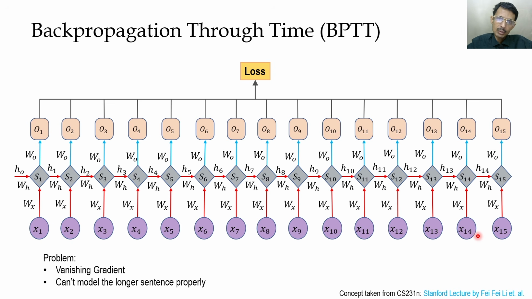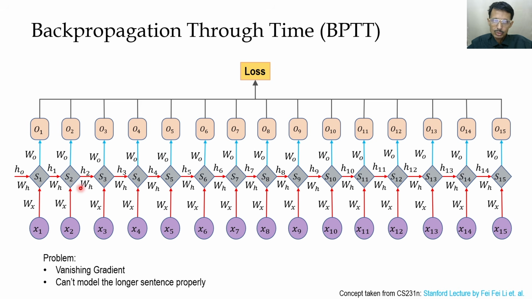But here we try to understand this: let there be a sentence with 15 words, and there is one word here and one word here. Since there is a vanishing gradient problem, the error gradient is propagating through so many time instances and becomes very weak, reduced, or close to zero.